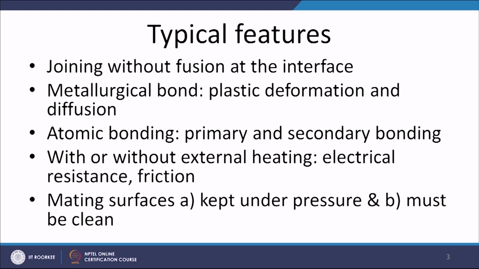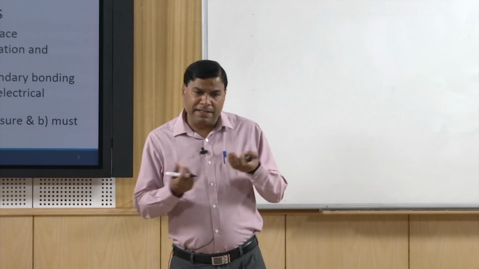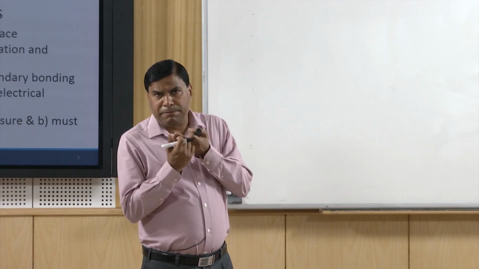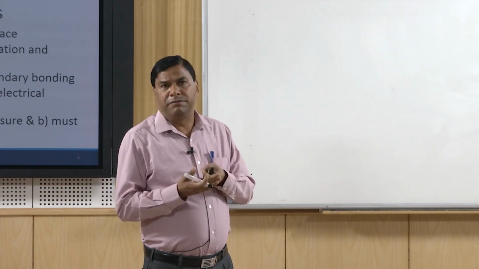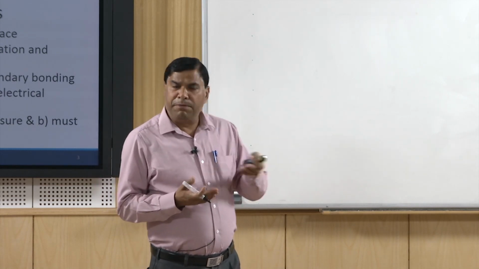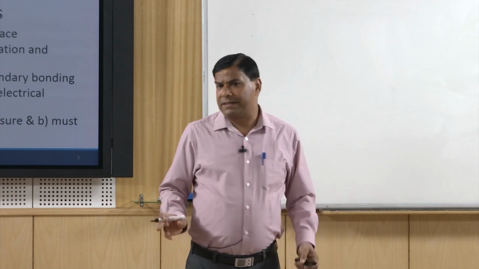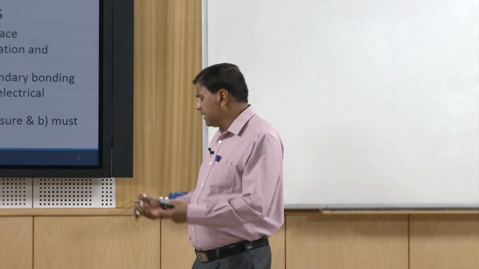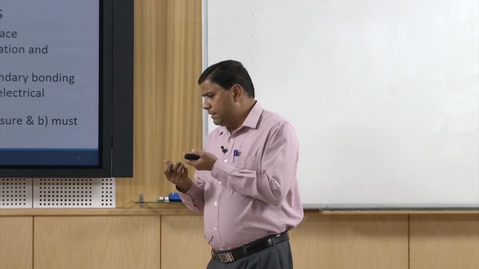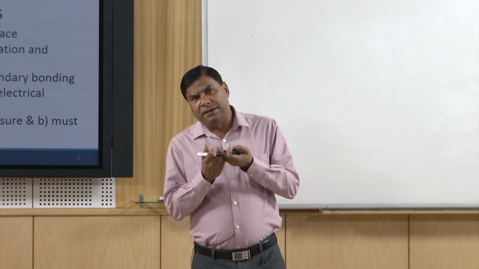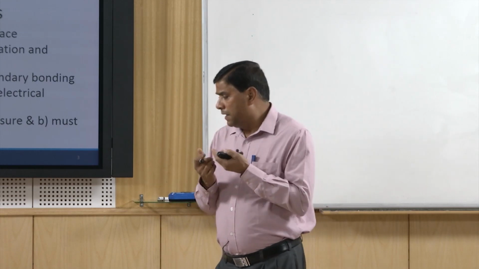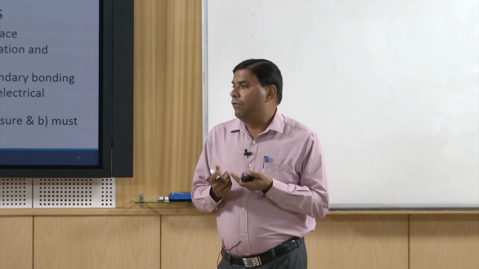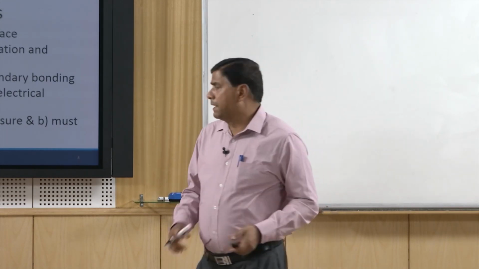And as I have said, the importance of the cleanliness, that surfaces must be clean to remove the impurities present at the surface in the form of adsorbed gases, impurities, oil, dust, dirt, etc. All that should be cleaned, so that the metal to metal contact can be established and the atoms can be brought close enough for having the metallurgical bond.